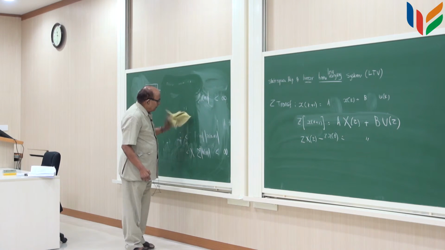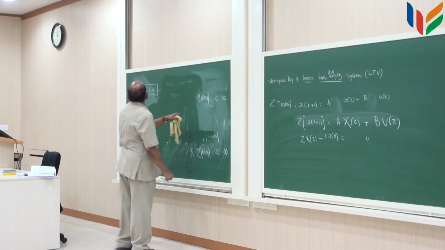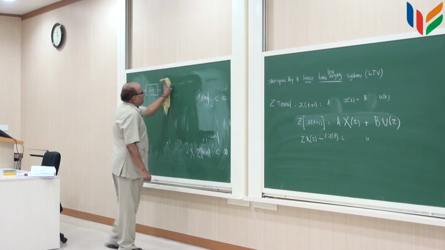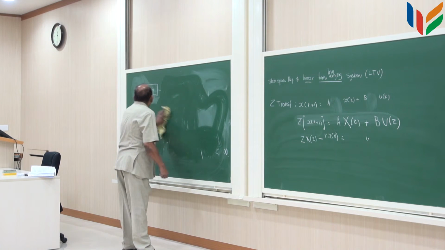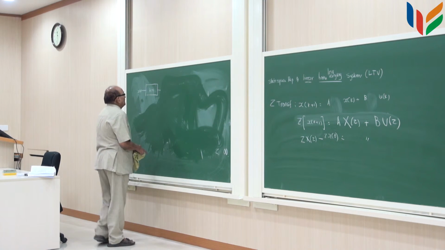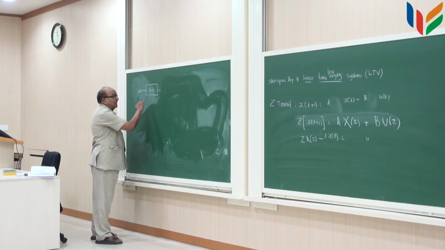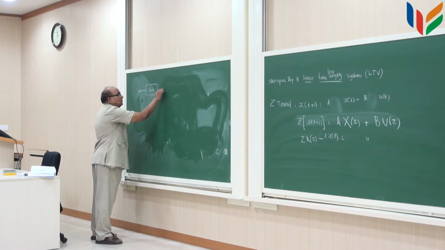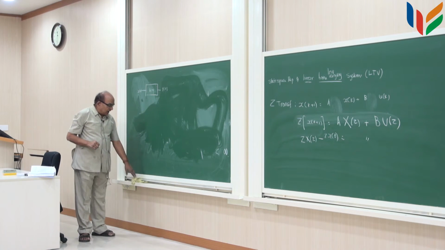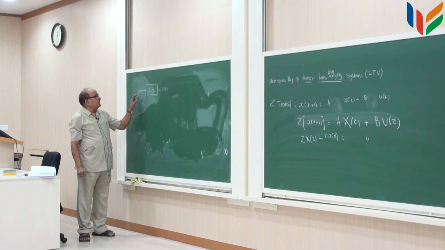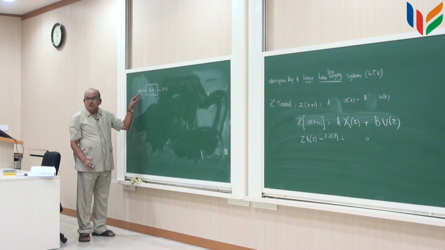In the next class, what we will do is, if this same black box which is specified by h of n gives you a y of n, right? I am assuming that the signal x of n is either a real signal or a complex signal.